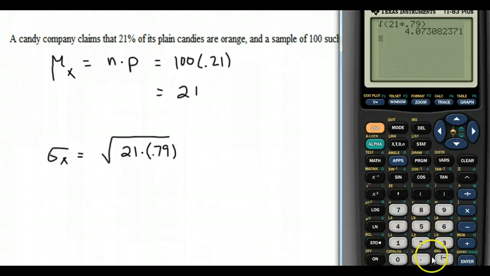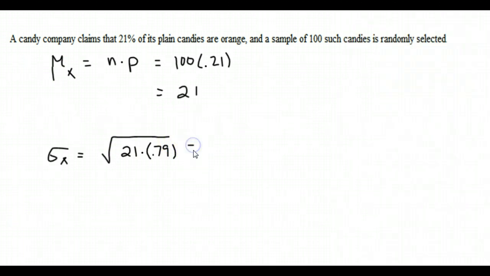Or again, if I wanted to use the entire formula, n times p times q, 100 times 0.21 times 0.79, you get the same thing. I'm just showing you that if you plug in and use the formula rather than the shortcut where you plug the mean in, you end up getting the same thing. So I get 4.073.